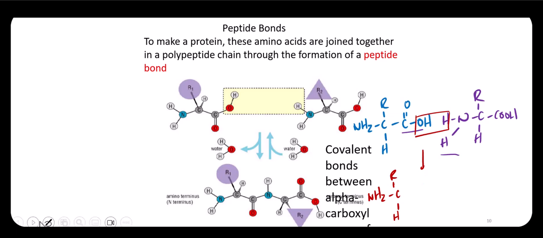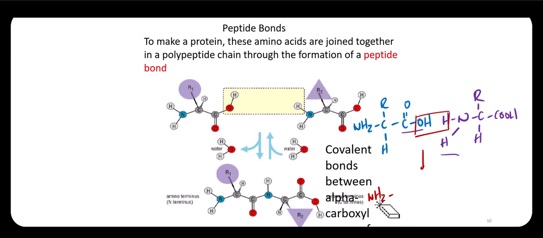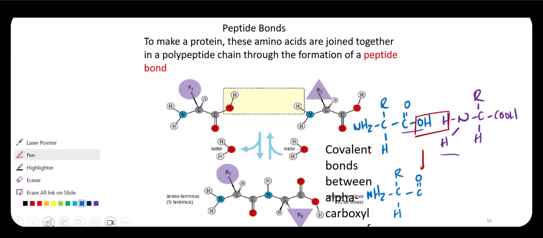I guess I should be consistent with my colors. We'll do a special peptide bond color.